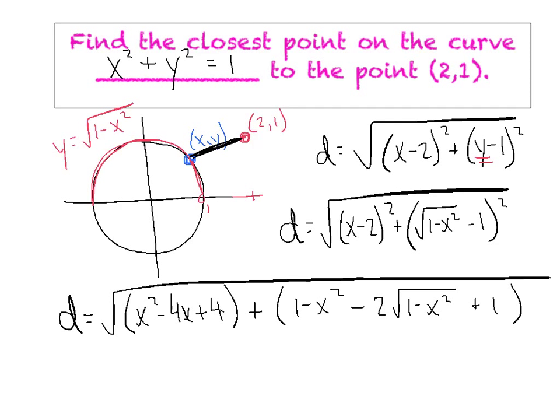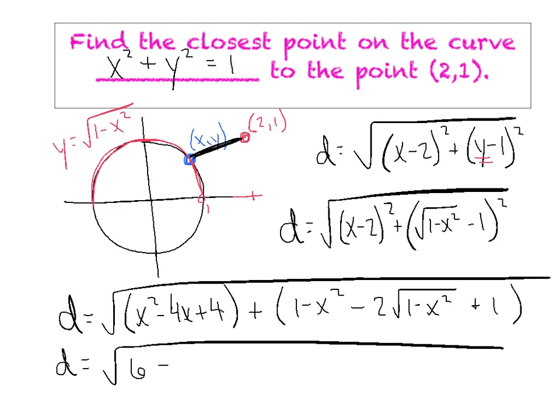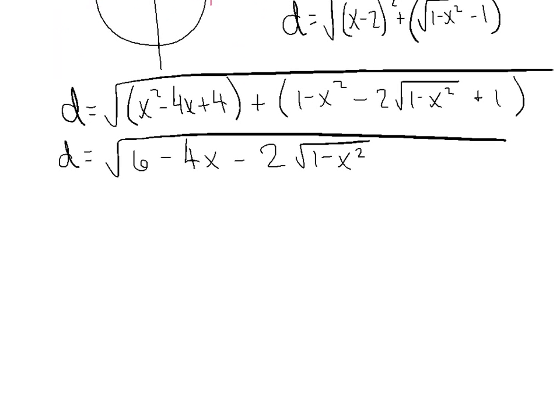Okay, if we combine some like terms, I think those x squareds are going to cancel. I think I'm going to get 6 minus 4x, and then the minus 2 radical 1 minus x squared. Okay, well, the bad news is it didn't get super clean, did it? So now we're ready to invest our energy in this guy's derivative.